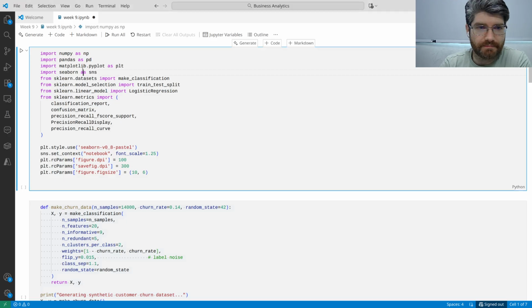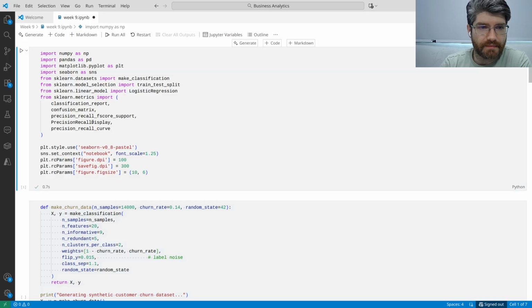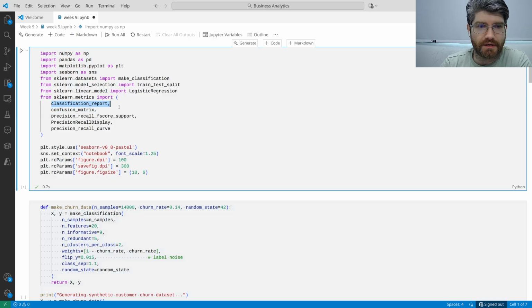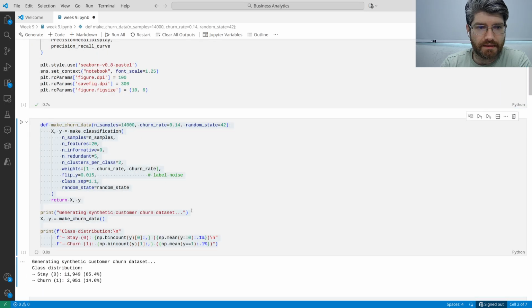So let's get started. Here's our import and the data set. The classification report, confusion matrix, all those wonderful things are inside sklearn metrics. And let's make the churn data set.